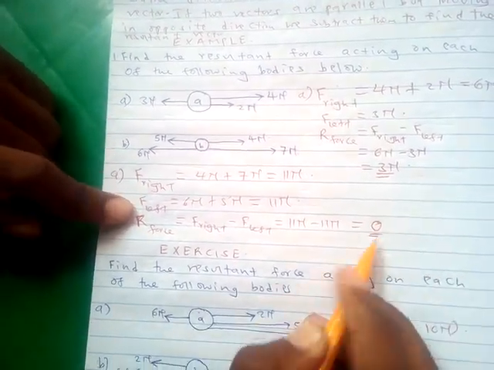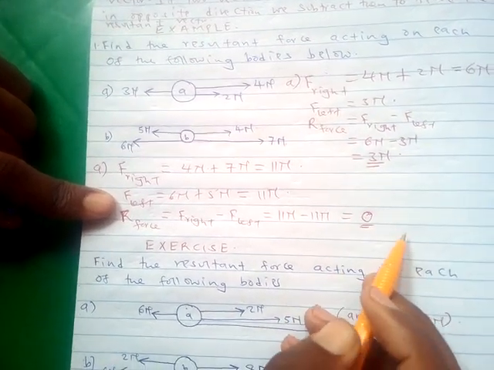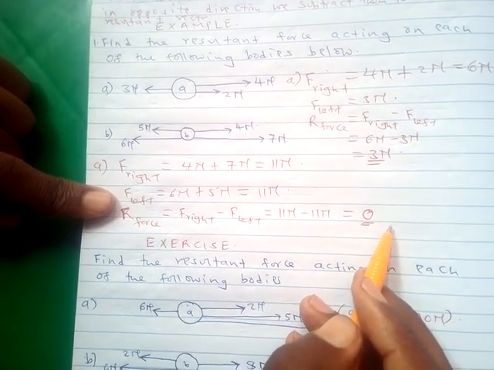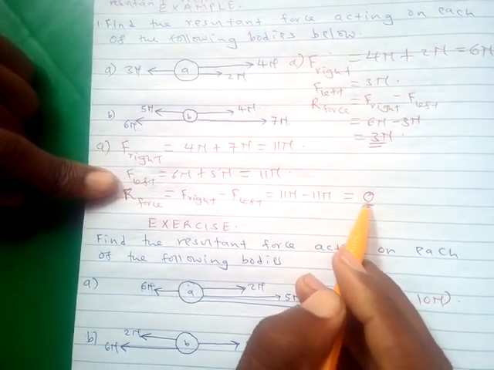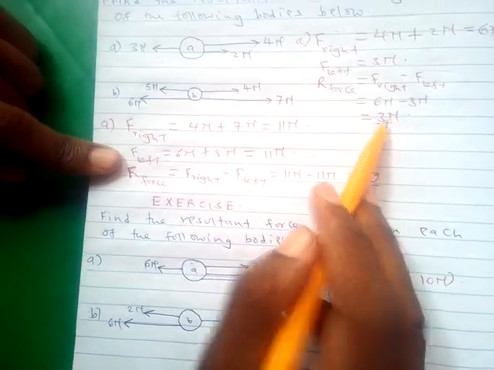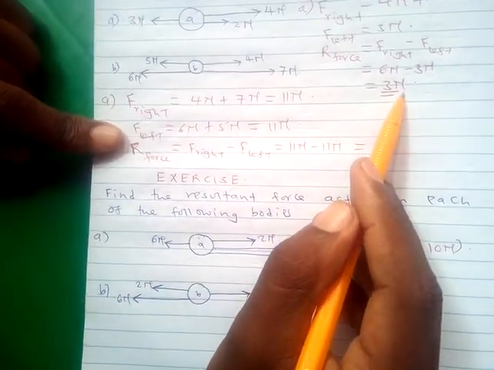So the resultant force acting on these bodies is 0. A student can record 0 Newton, or the answer can just be 0. It is not a must that you record the units. But if the answer is something like 3 or 1 or 4, you must indicate the units.